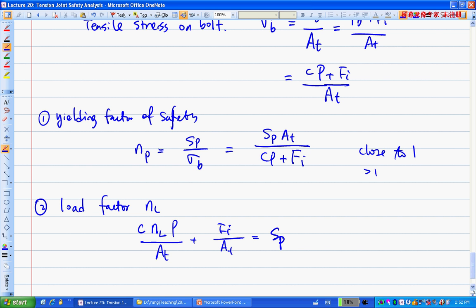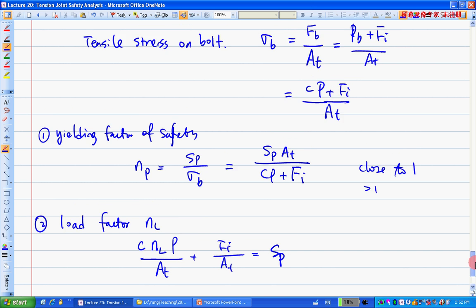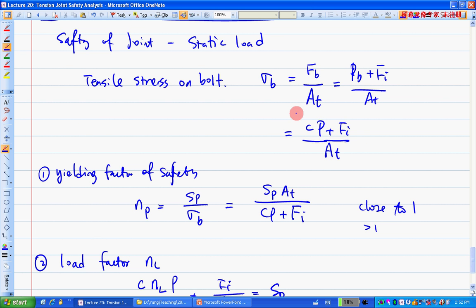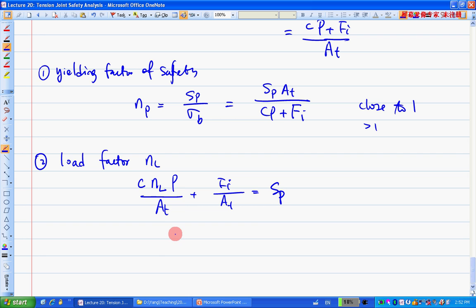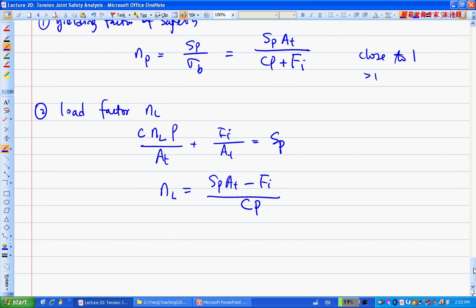You're basically putting the weighting on the load, capital P. So the original formula is just slightly modified here. So that derives NL should be equal to (SP AT minus FI) over C capital P. Yeah, so that's the other way of it. You need this one to be greater than 1, of course.